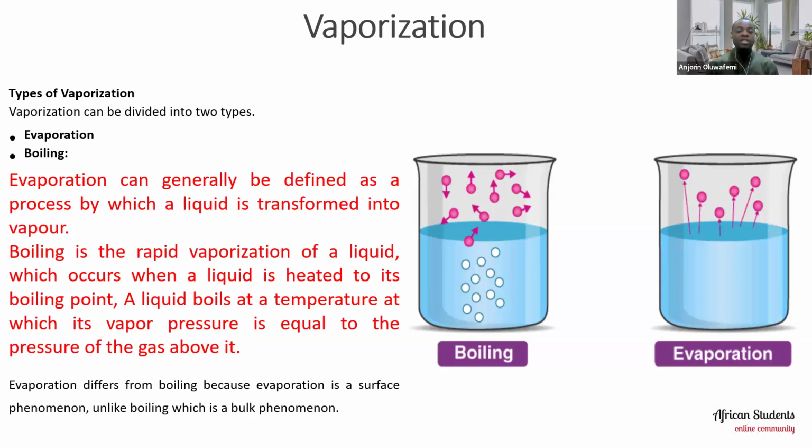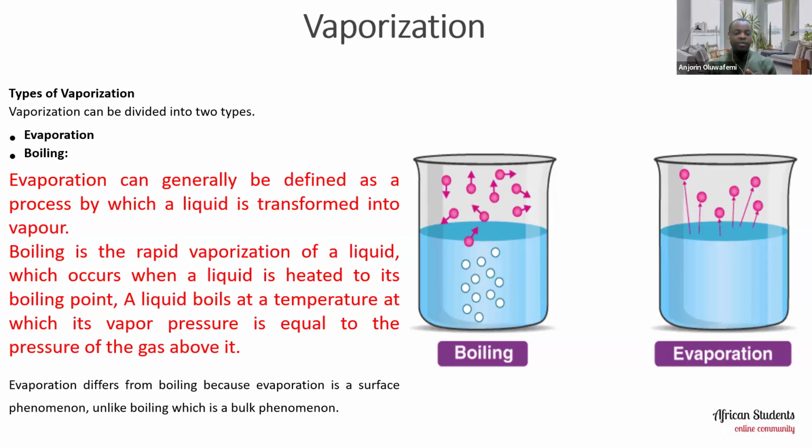So boiling is the rapid vaporization of a liquid, which occurs when a liquid is heated to its boiling point. A liquid boils at a temperature at which its vapor pressure is equal to the pressure of the gas above it.